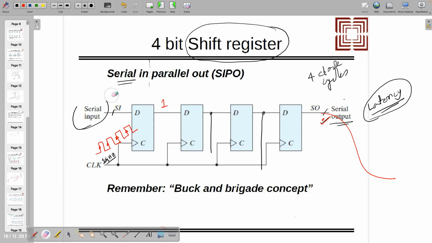Next is 0. So then this will go here, and this 0 is coming here. Next clock cycle, 1. So this will become 101. Next clock cycle, let's say 1. Then it will become 1011.